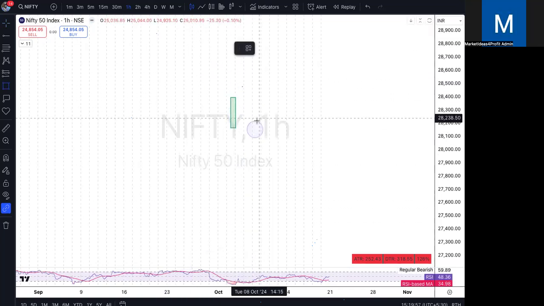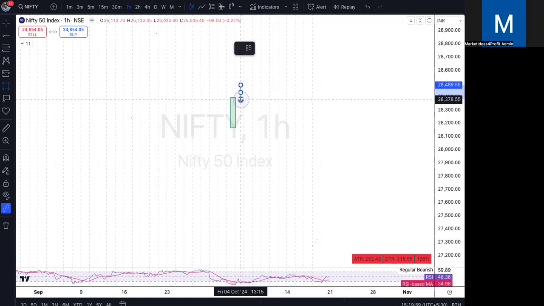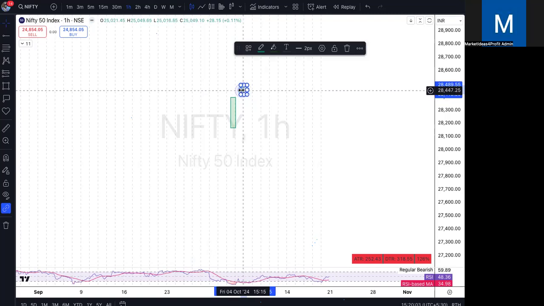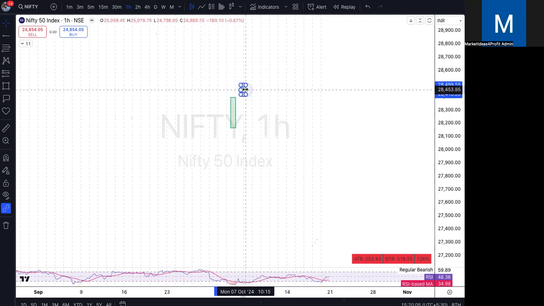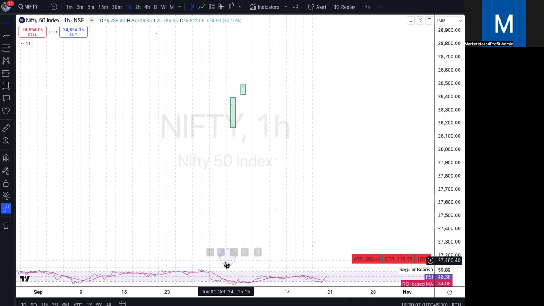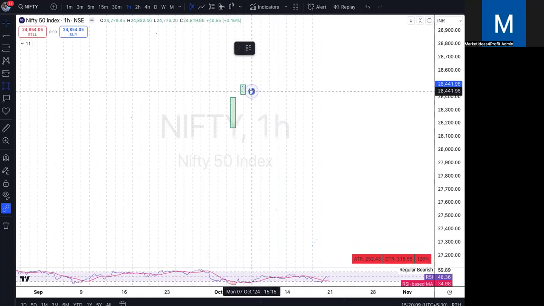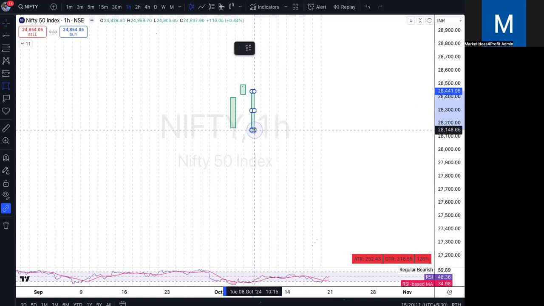We're going to see a doji candle forming somewhere on the top above this candle. Above this candle, you'll see a doji candle happening. And then you will get another candle which will be a red candle.